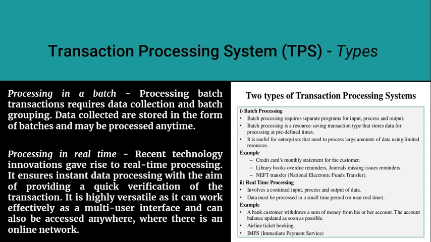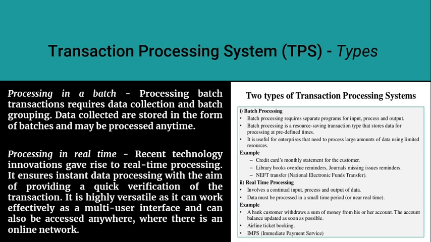Then also airline ticket booking and the Immediate Payment Service, that is IMPS system. That is, if you have to pay a certain amount of money to another person through the IMPS system maintained by your bank, you can pay the amount immediately. So all this will come under the real-time processing system.